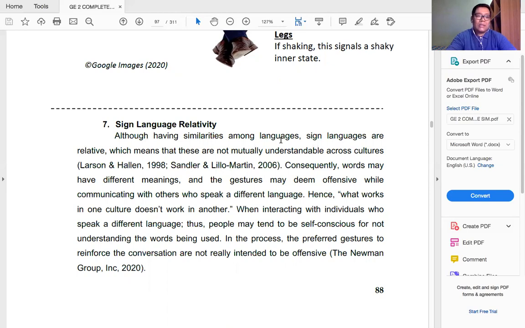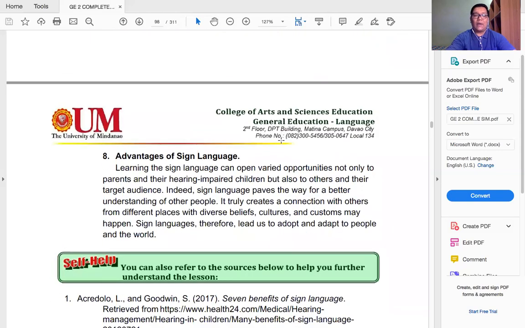And we cannot blame these people because there are some people who might not be too knowledgeable about the different sign languages and meanings of these gestures and other kinesics employed by different cultures. That is the reason why it's very important that we know how culture plays an important role in communicating effectively with people around us. Okay?